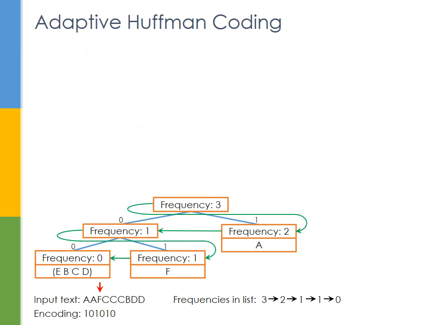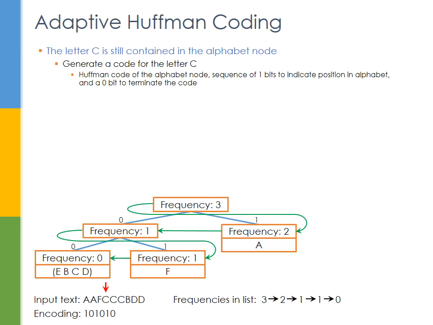We can now move on to the fourth letter of our input text. So we now consider the letter C. If we check our alphabet node, we see that C is still contained within our alphabet node, which means that we first of all need to generate an encoding for the letter C. So to do this, we need to determine the Huffman code of our alphabet node, and we do that again by means of a traversal from the root node down to the alphabet node.